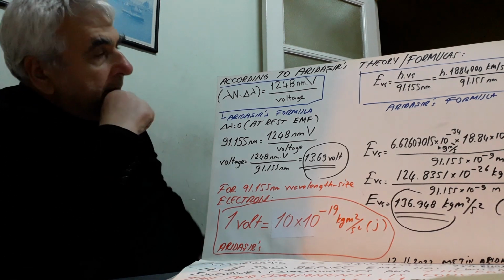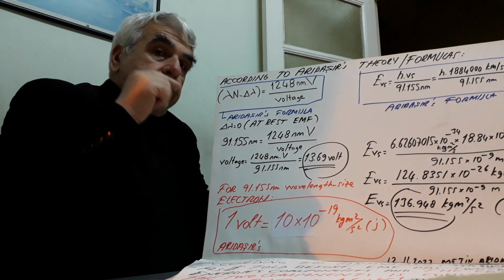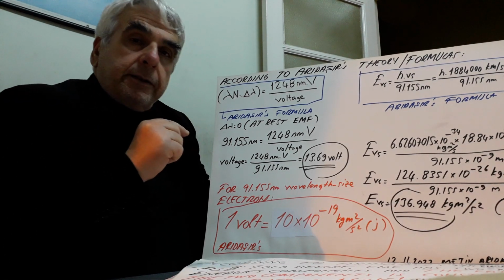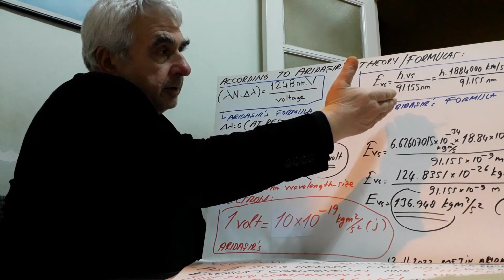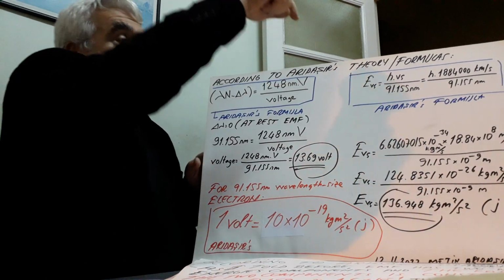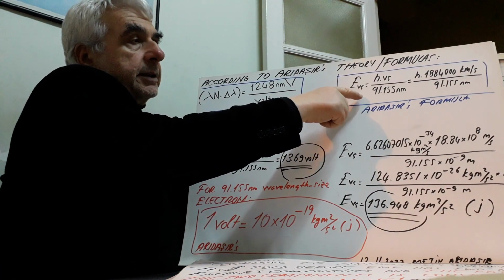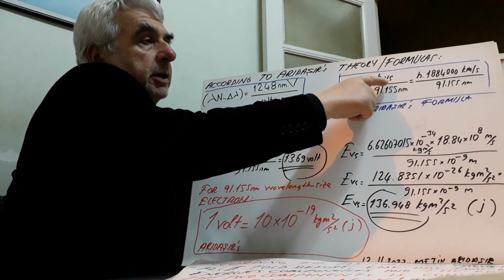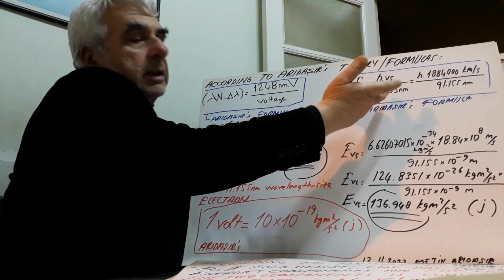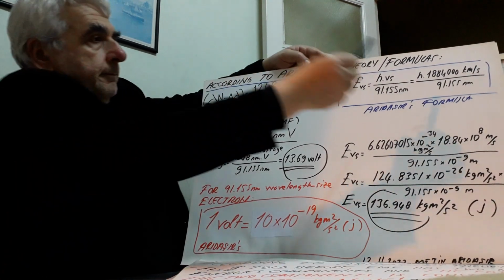And now I talk about the first cycle of the electron motion form. On the right side, my formula is the linear velocity component energy formula. EVG is equal to H multiplied by VG divided by lambda n, say.